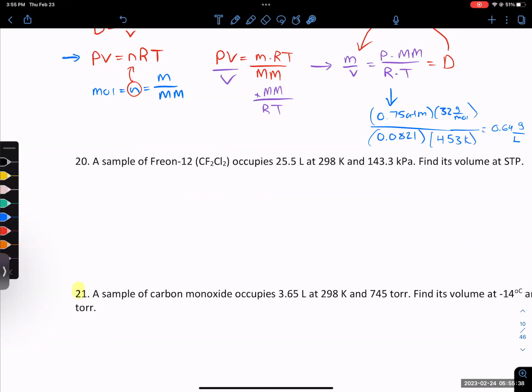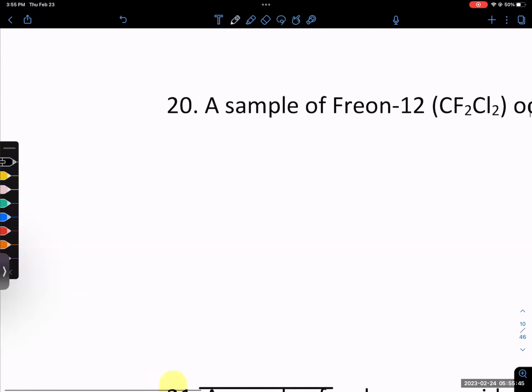I guess I can show you that now. So what a question would look like that I'm talking about. So let me make a question. Let's say, give me a different gas that has a way larger molar mass. Let's do chlorine.